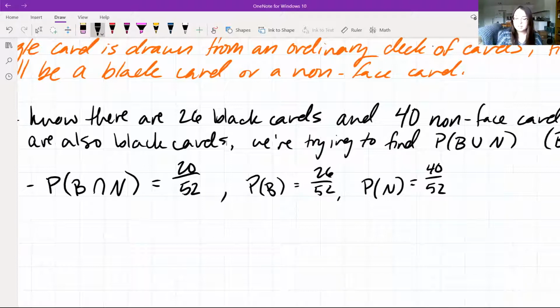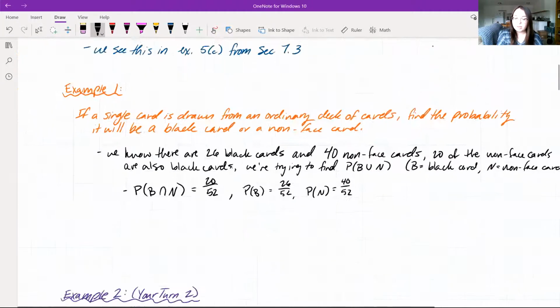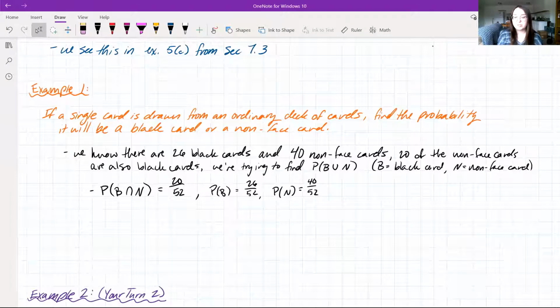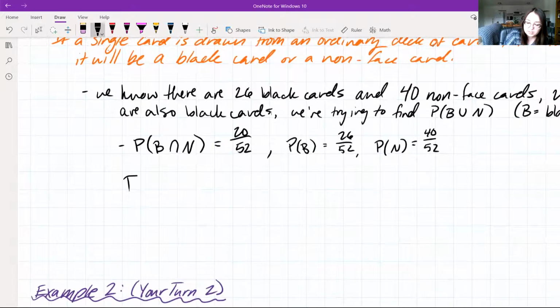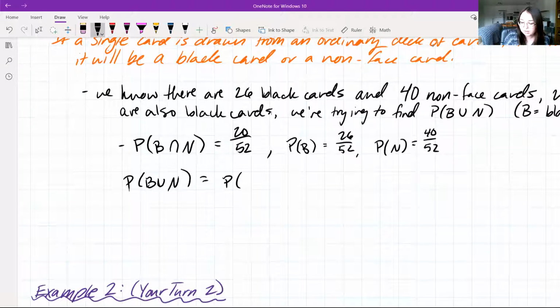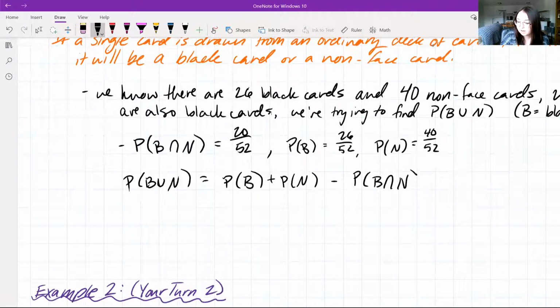So now we know that we have all the values that we need to solve for the probability of black cards union non-face cards. And we know this equation: the probability of B union N is equal to the probability of B plus the probability of N minus the probability of B intersect N. So let's plug everything in.